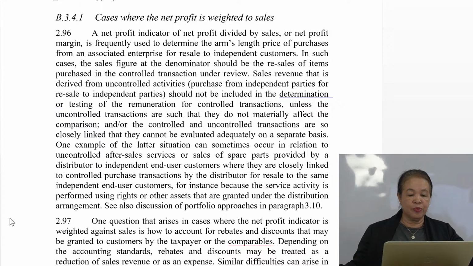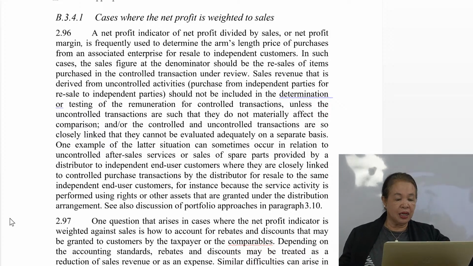the comparables, should not be included in the determination or testing of the remuneration for controlled transactions unless the uncontrolled transactions are such that they do not materially affect the comparison, and or the controlled and uncontrolled transactions are so closely linked that they cannot be evaluated adequately on a separate basis.